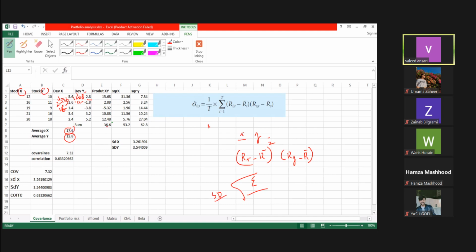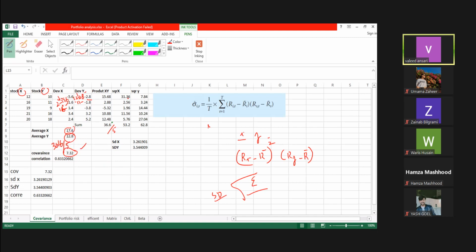So we have added it. Now for covariance, what you need is to divide this by the number of observations. The number of observations is 5. So we have divided here, and the covariance has come out to be 36.6 divided by the number of observations. So we have got it.